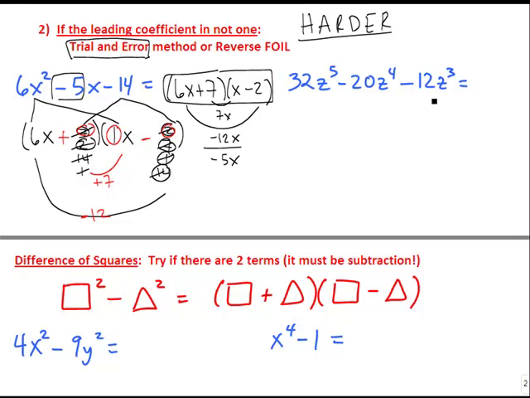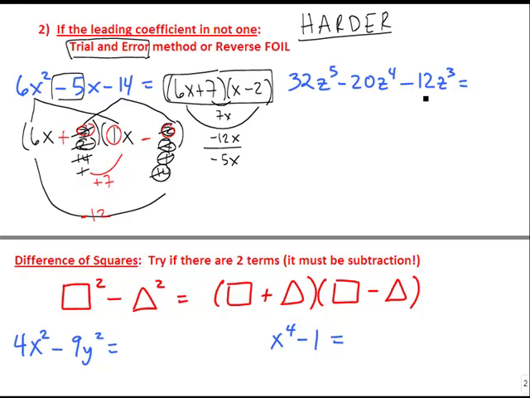Now when I look at this next one, something should look a little strange to you. First of all, we've got these higher powers of z's, and in these trinomial problems where we have 3 terms, 1, 2, 3, and we're trying to use the reverse FOIL like we've been doing on these last examples, we only saw x squareds. So these powers on the z's seem a little bit high.